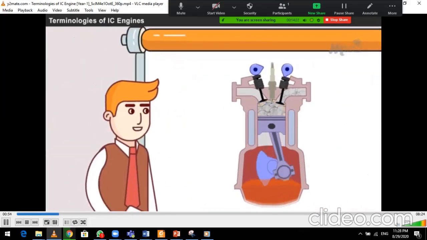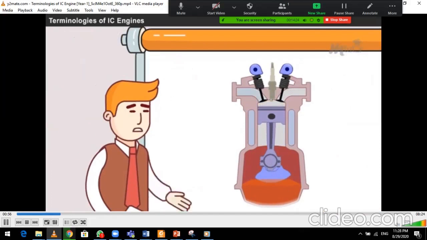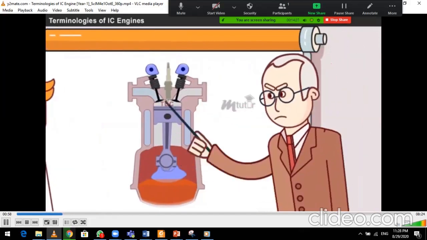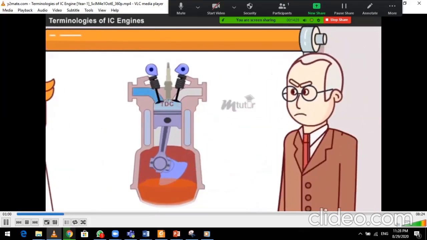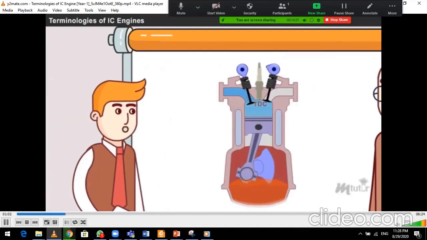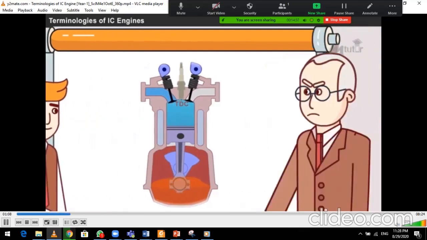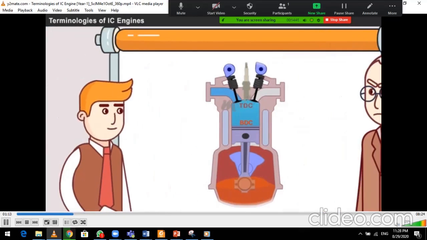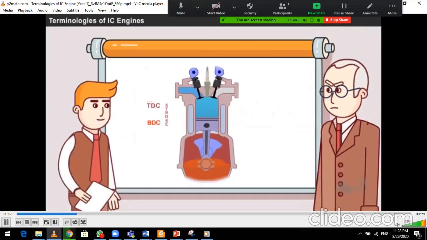Yes, sir. At first, the piston moves up from the top dead center, or TDC, from top dead center to the lower bottom dead center, or BDC. Bottom dead center. It is called stroke.